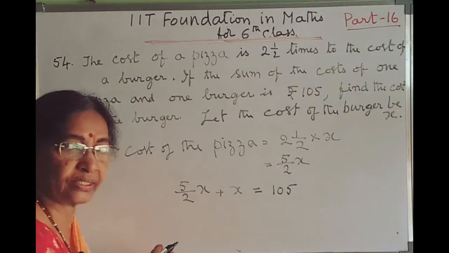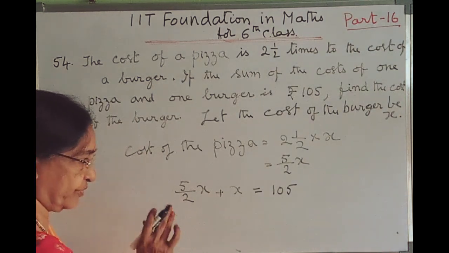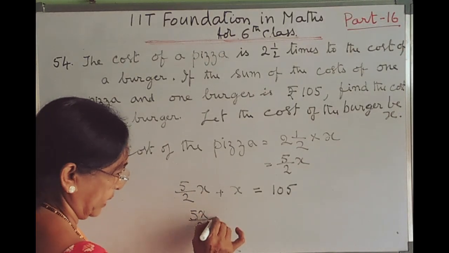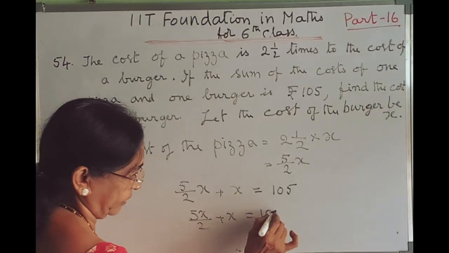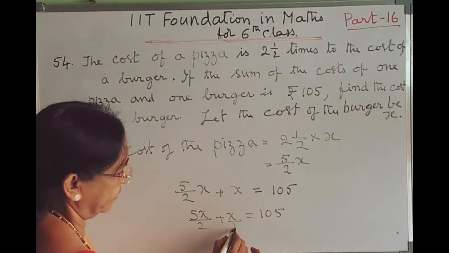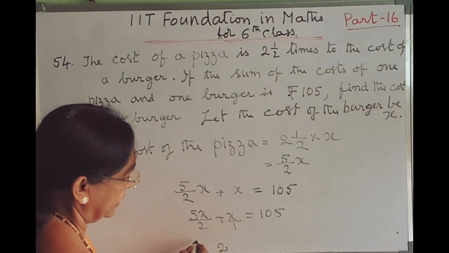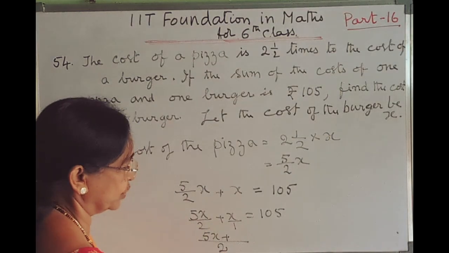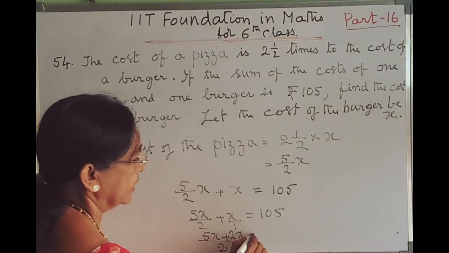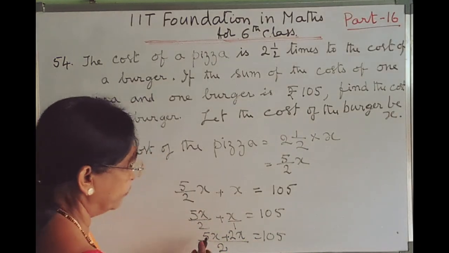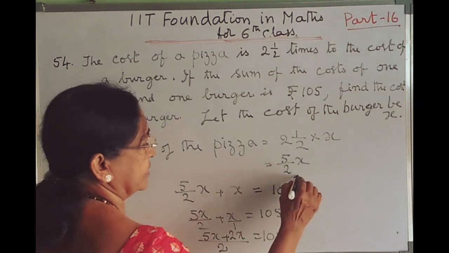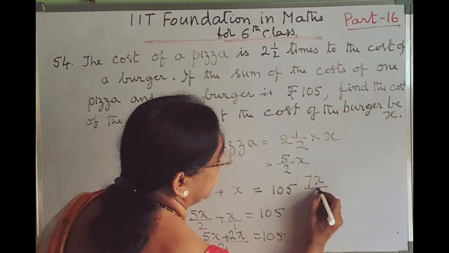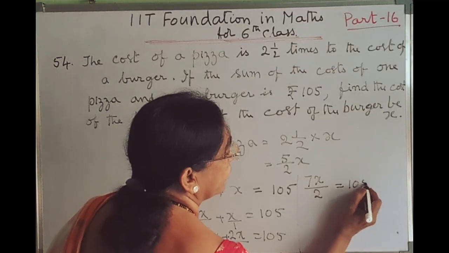Solving this equation for X, we get 5X by 2 plus X is equal to 105. Here X means X by 1. So take 2 as denominator: 5X plus 2X, 7X. So 7X by 2 is equal to 105.